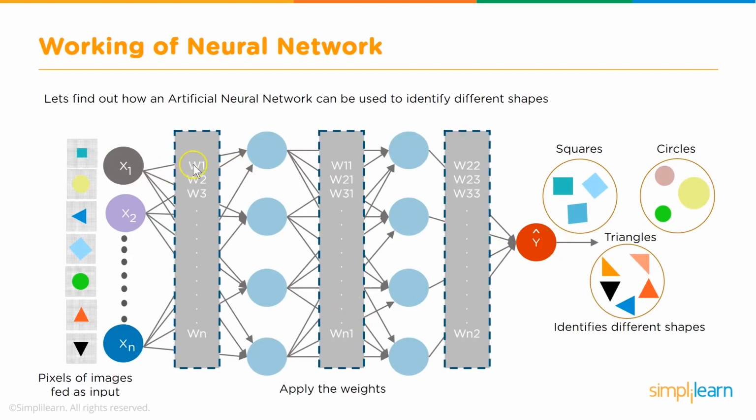And as you can see, there are weights and biases for each of these neurons in each layer, and all of them keep changing during the training process. At the end of the training process, all these weights have a certain value, and that is a trained model, and those values will be fixed once the training is completed.